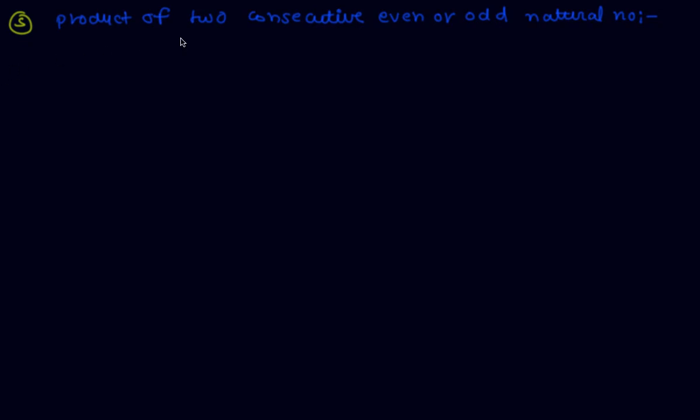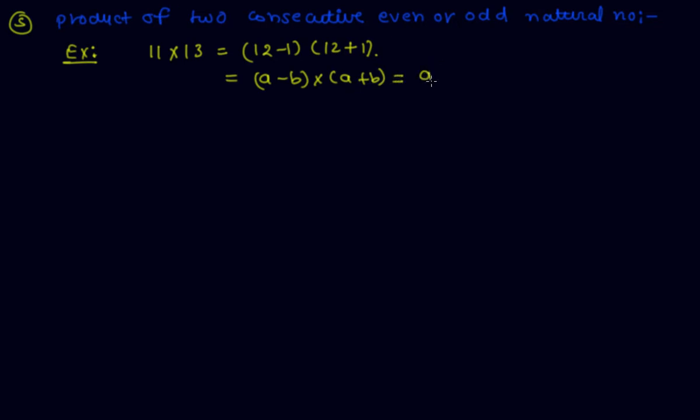Now discuss the product of two consecutive even or odd natural numbers. If I take, for example, 11 into 13, it can be expressed as (12 minus 1) and (12 plus 1), and this is the formula (a minus b) into (a plus b) equal to a square minus b square.